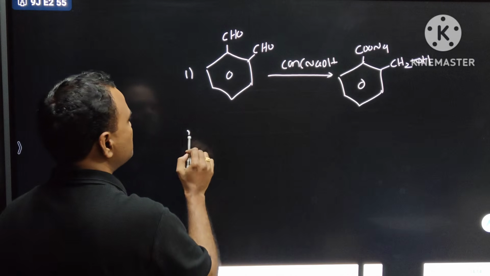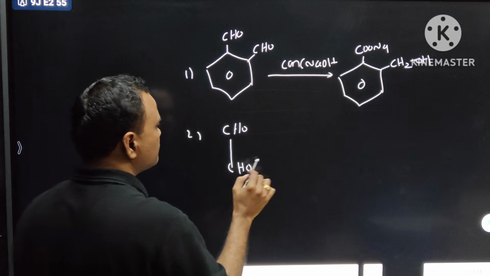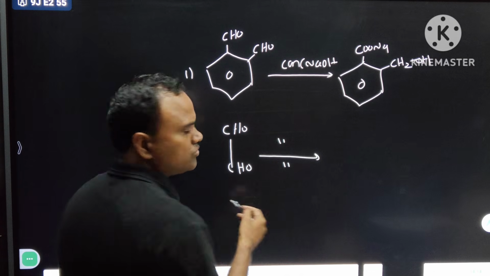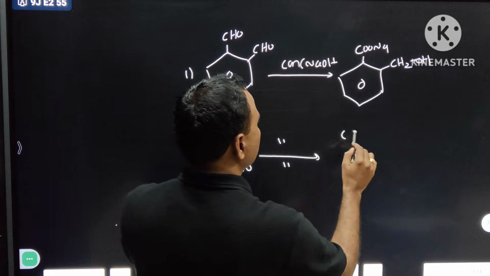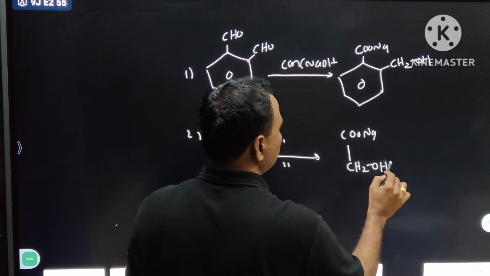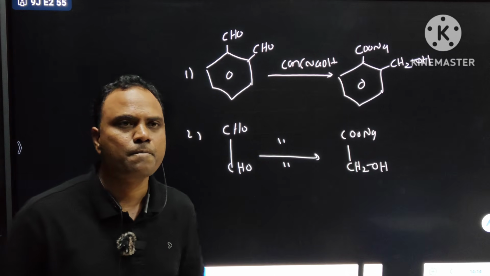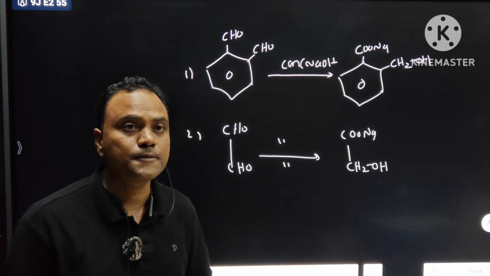This is one example. This is another example: CHO, concentrated NaOH, same here. One aldehyde converted to acid, the other to CH2OH. Clear? This is another example. Got it, all of you?